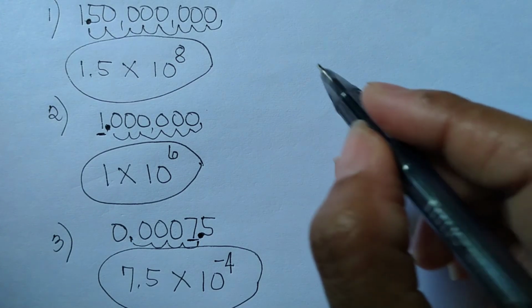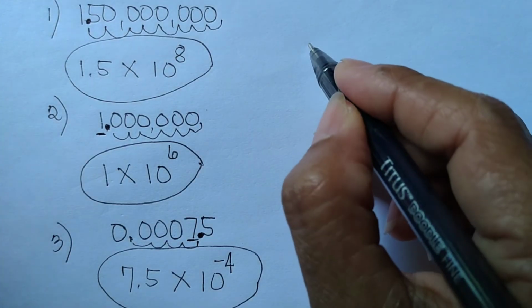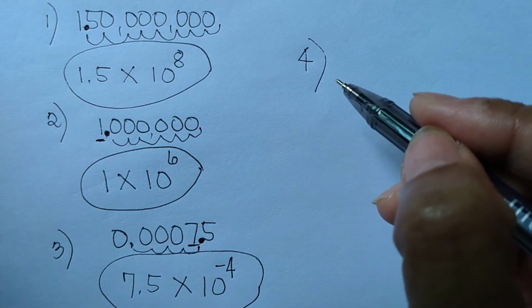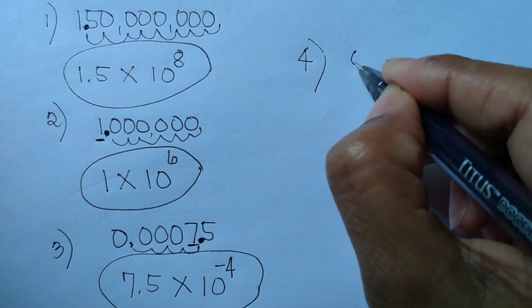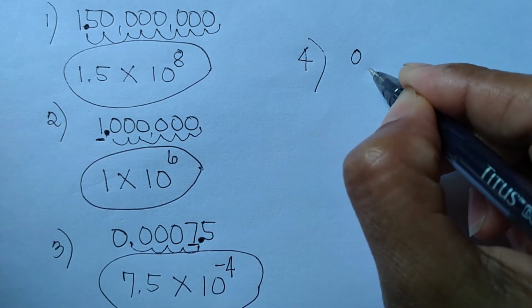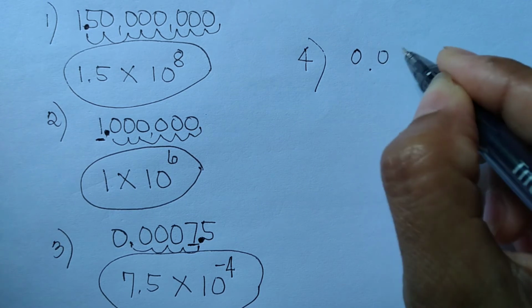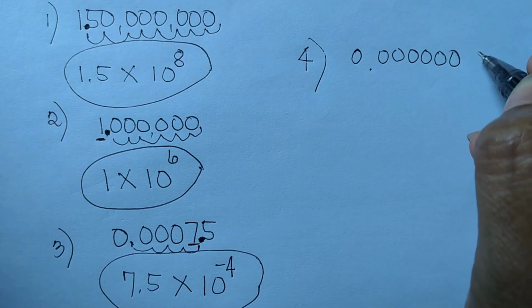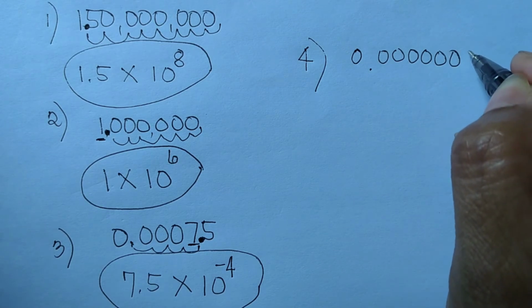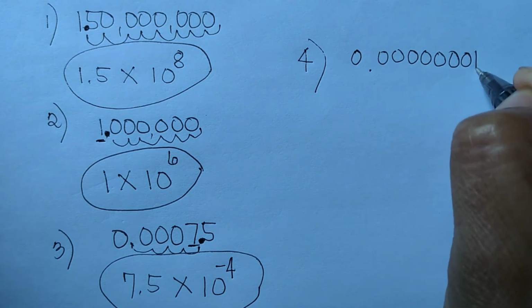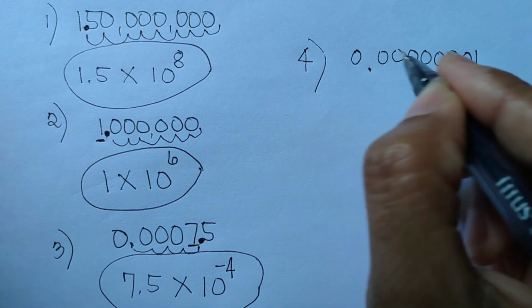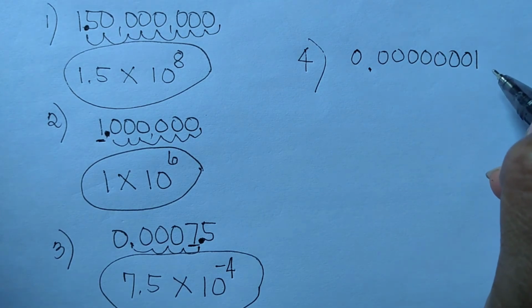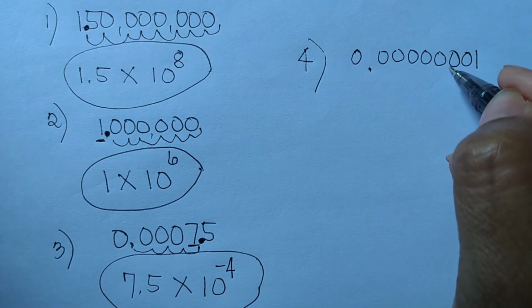Another one. Example number 4. Let us have 0.000000001.